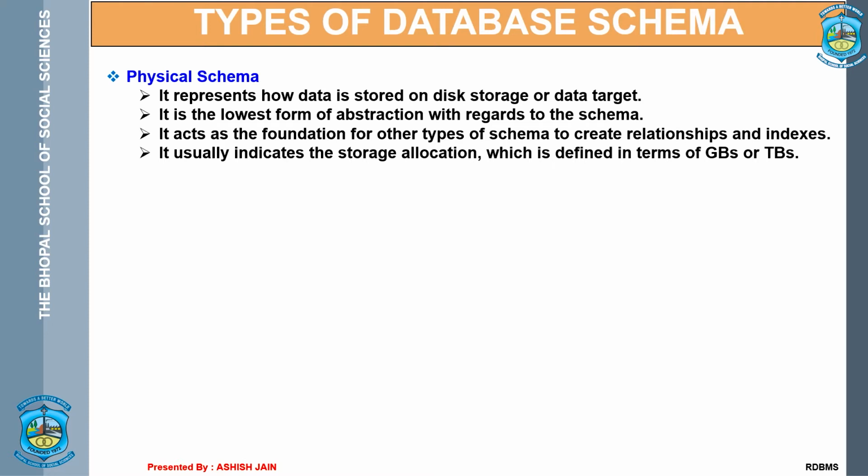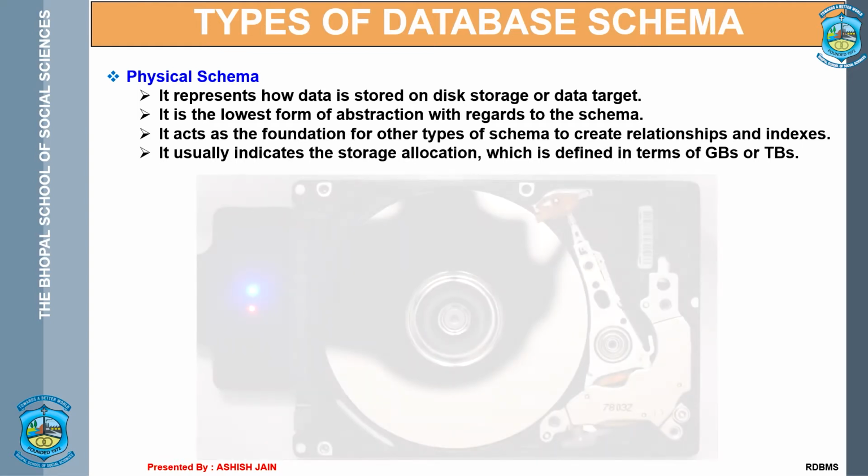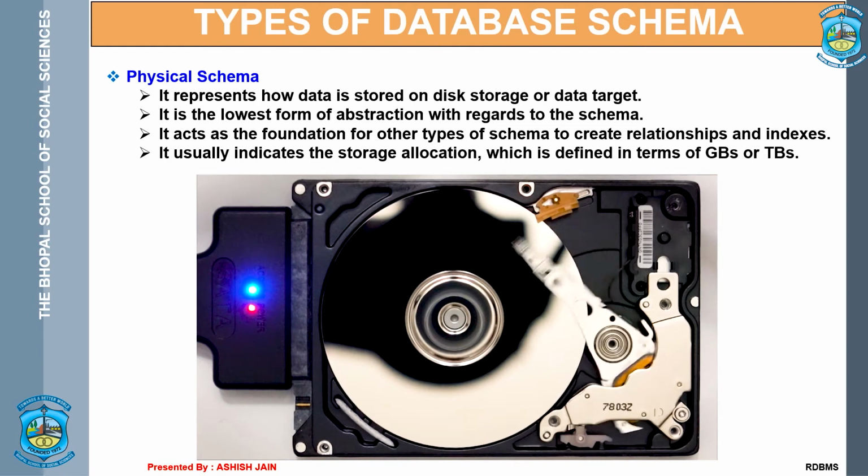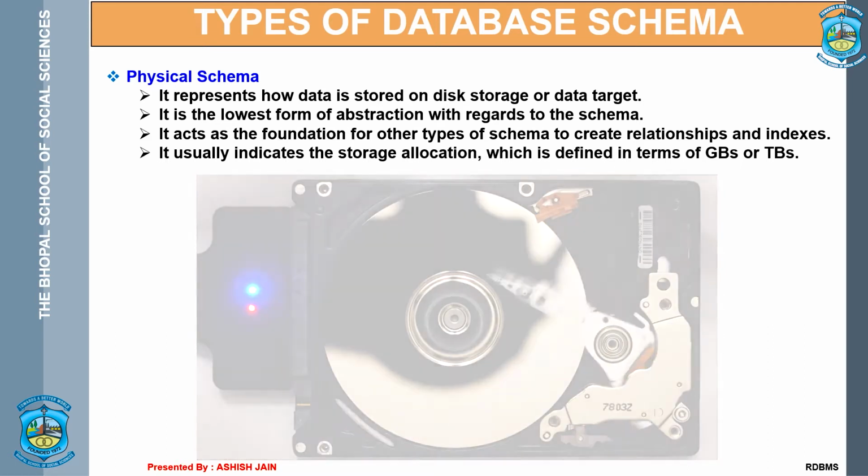So we can do indexing in the data stored so that we can get the data in a small amount of time. It usually indicates the storage location which is defined in terms of GBs and TBs because here we are using disks. So we measure the capacity of disk on the basis of how many gigabytes or terabytes can be stored.